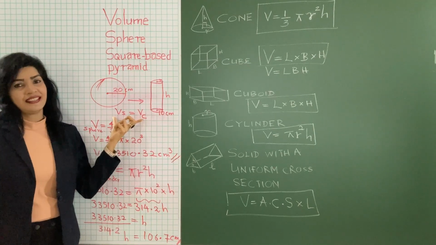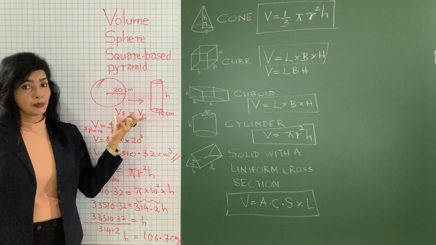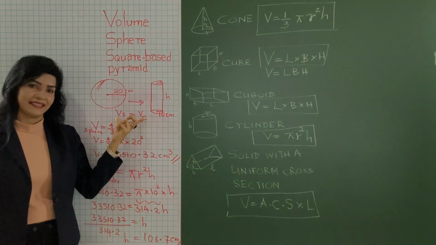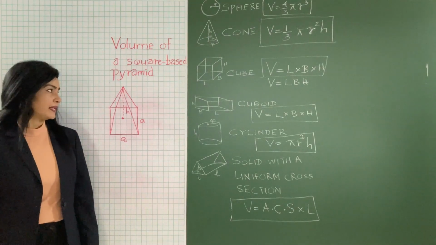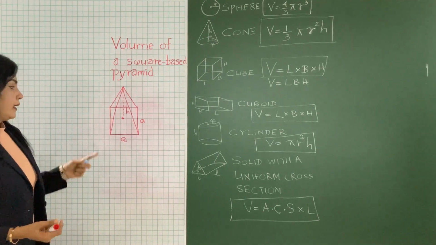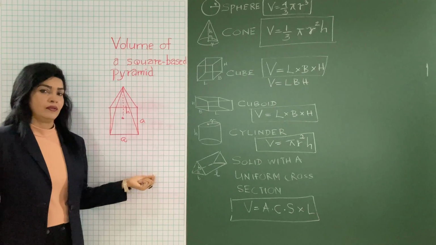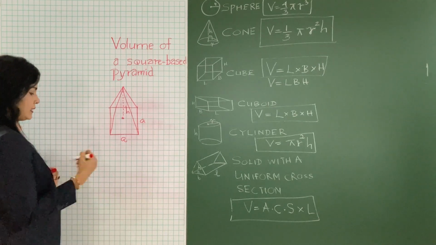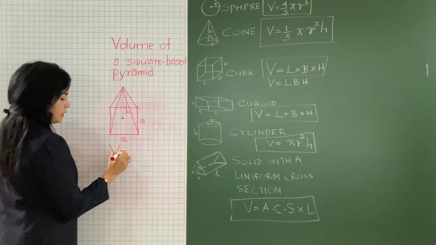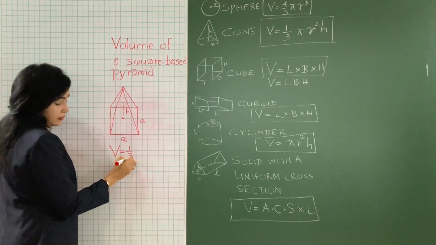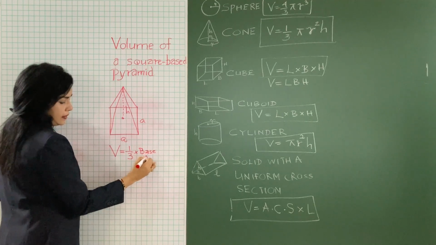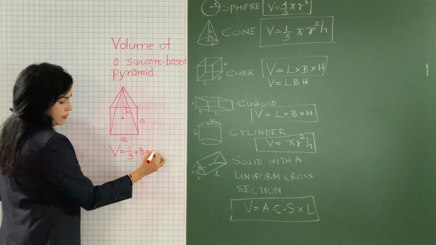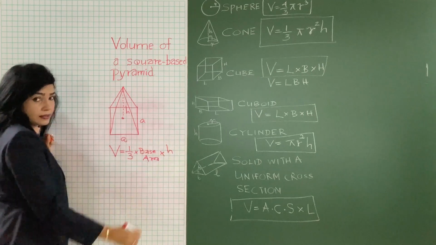Okay, let us move on to the square base pyramid volume. So this is also just like the cone volume. It is very easy. Volume is equal to 1/3 into base area into height.